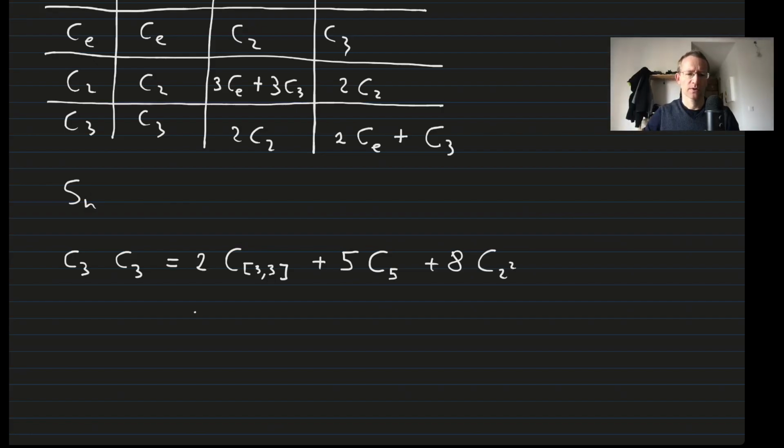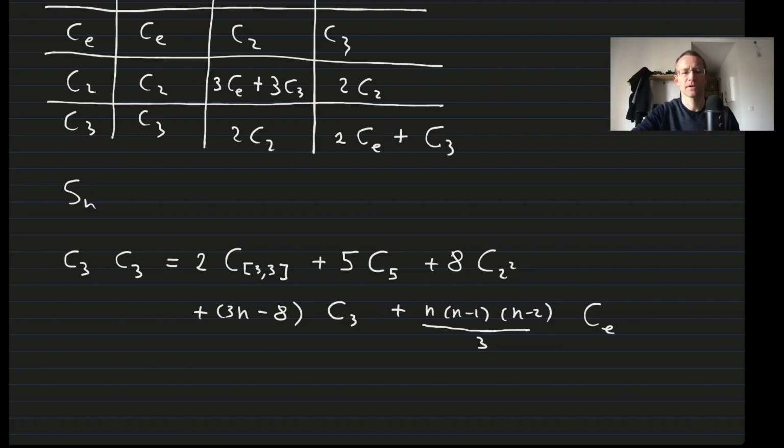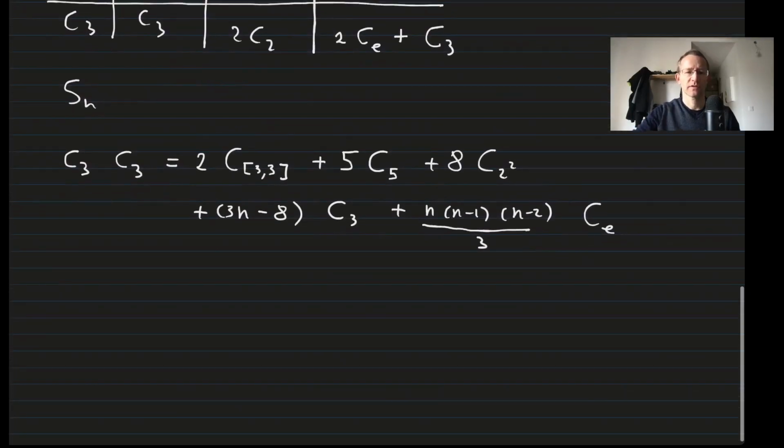Then we get 3n minus 8 times the 3 cycle conjugacy class, and n times (n minus 1) times (n minus 2) divided by 3 times the identity conjugacy class. So this is a non-trivial calculation.